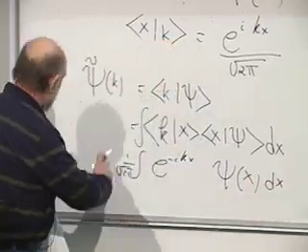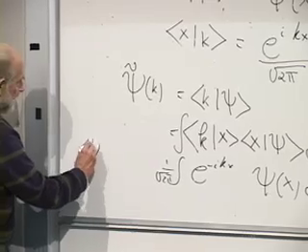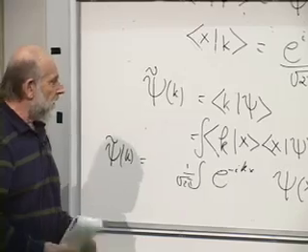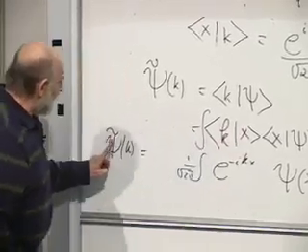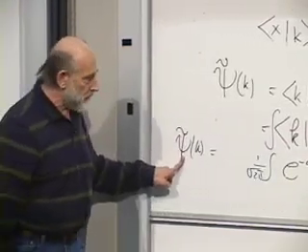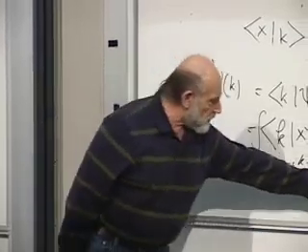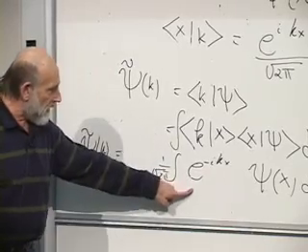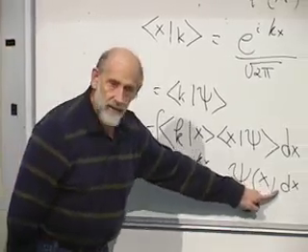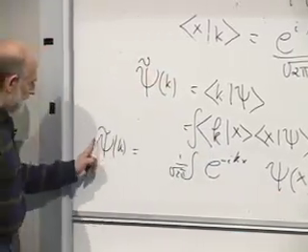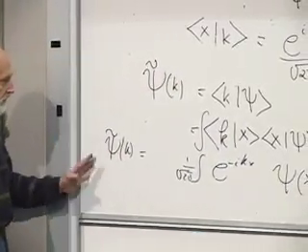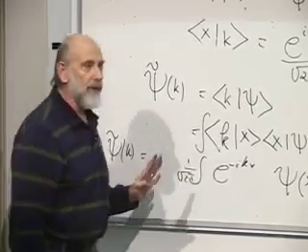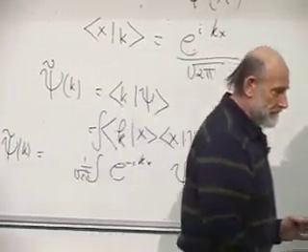That's equal to what? That's equal to psi twiddle of k. What's the bottom line? The bottom line is if I want to know the probability for a given momentum, I take the wave function as a function of position, I multiply it by e to the minus i kx, and I integrate. That gives me a function of k, and that function of k is the thing that you square to find the probability for different momentum.